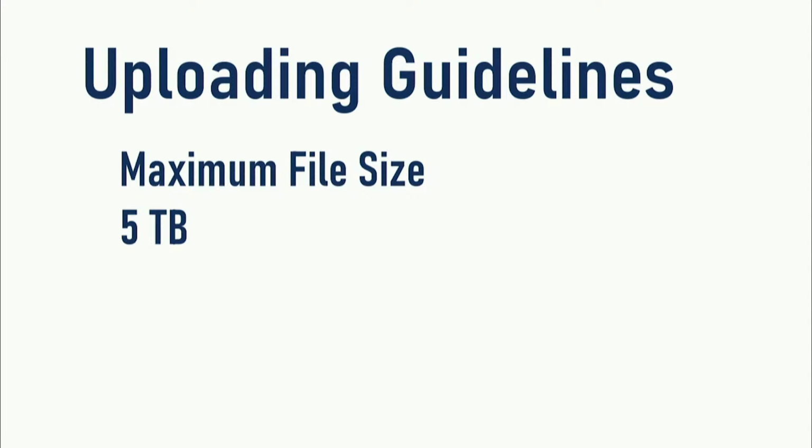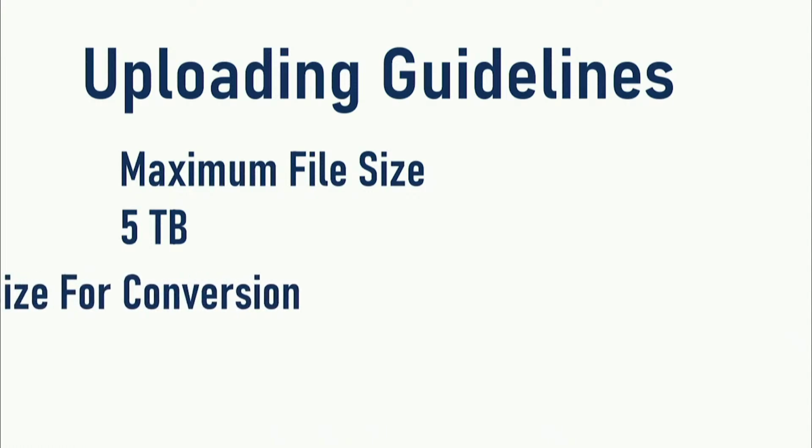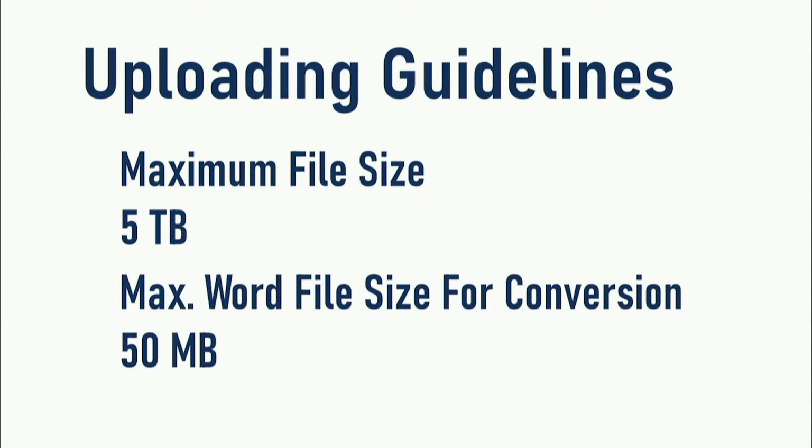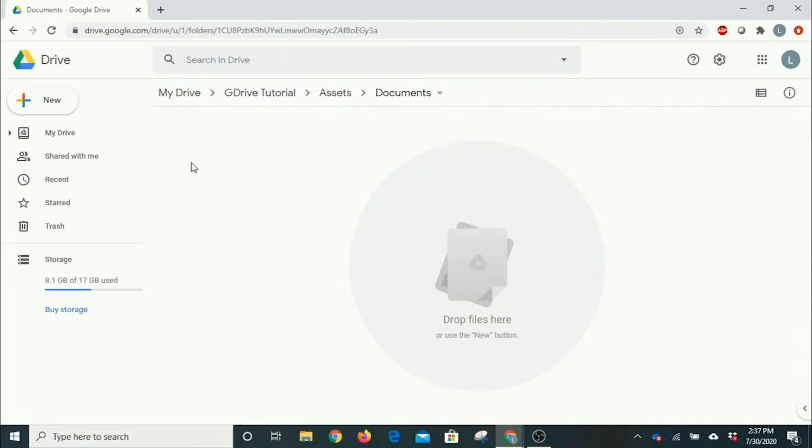But that is the current limit. It's 5 terabytes. Now, if you're converting a Word file into a Google Doc, the limit is 50 megabytes. You can upload as large a Word file as you want, but if you want to convert that file into a Google Doc, it can't be any larger than 50 megabytes.